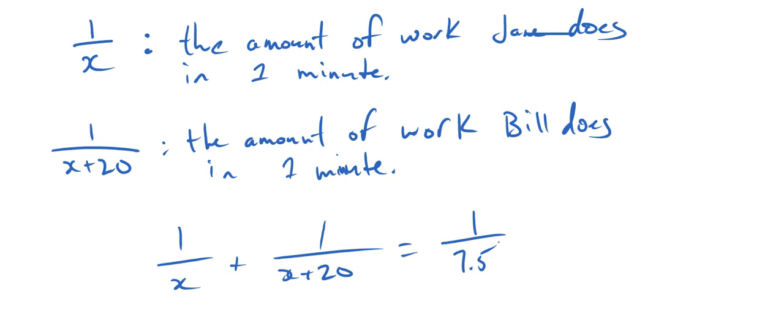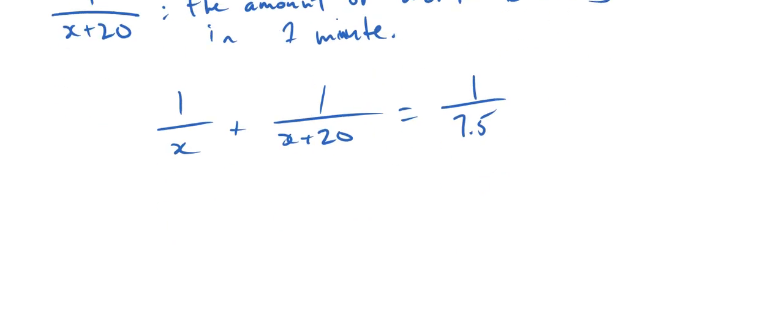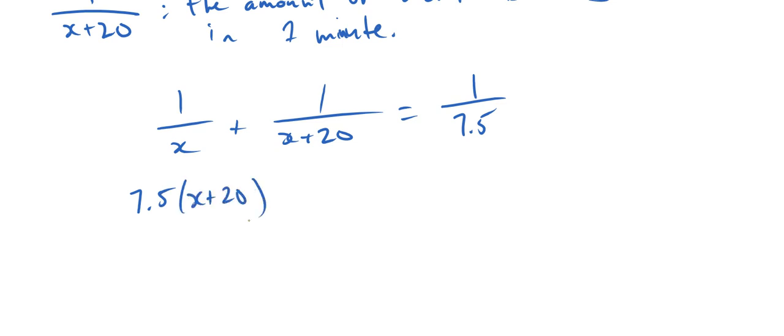Okay, so then we could go ahead and solve this. Let's do it. So this is going to be 7.5 times x plus 20, because I have to multiply everything through by all the denominators, plus 7.5x equals x times x plus 20.